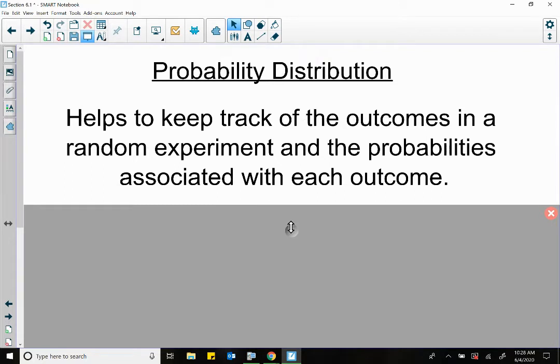So, like, for instance, if I'm flipping a coin, a probability distribution for flipping a coin would show you the outcome heads. It would show you the outcome tails, because those are the only two outcomes. And then it would show you the probability for those. And of course, this is in an experiment. Okay.